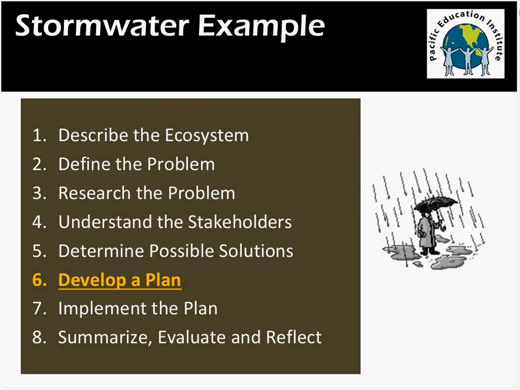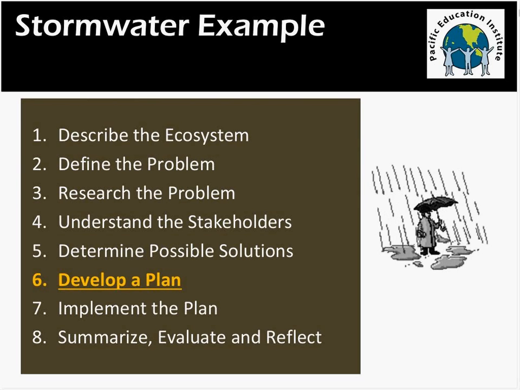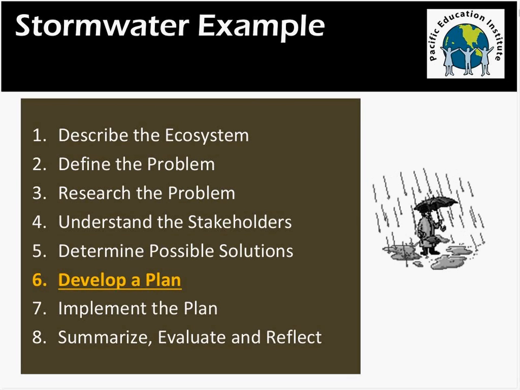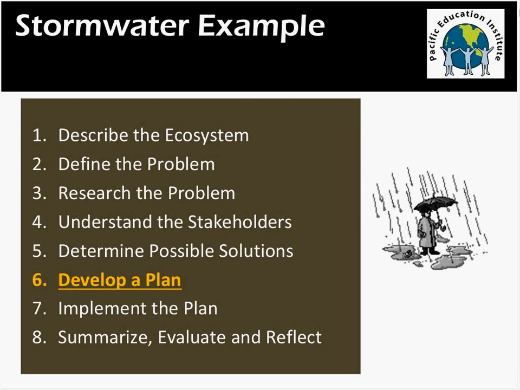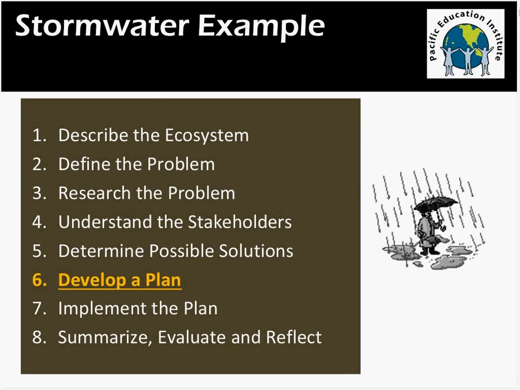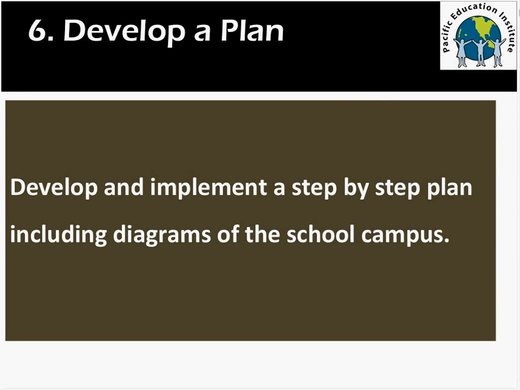Once you've determined your possible solution, sometimes in classes you have several possible solutions, and then you need to pick one and develop a plan. So you need to develop and implement a step-by-step plan, and sometimes you'll have multiple groups having plans, and then you have to choose from their plans.